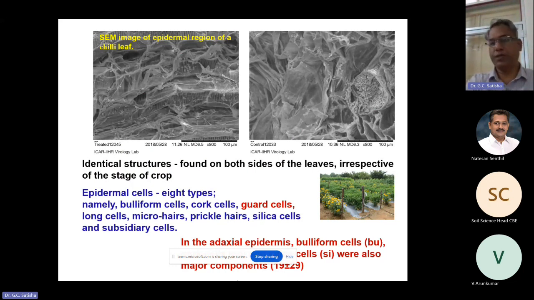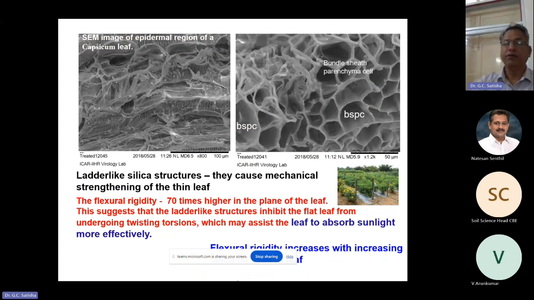In such cells, we have noticed these silica compounds, and also we have studied the structural rigidity. Because once silica accumulates between the epidermal cells, the rigidity and strengthening of the leaf texture is most important. We studied the normal strength of the leaves and the silica sprayed leaves also. We have noticed that the structural rigidity is 17 times higher than the normal leaf.